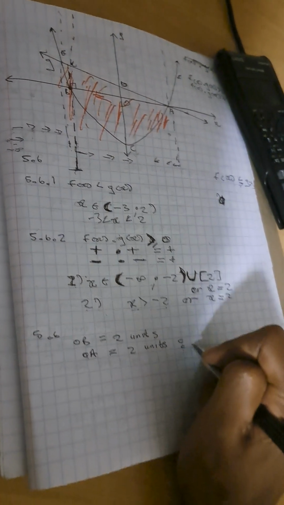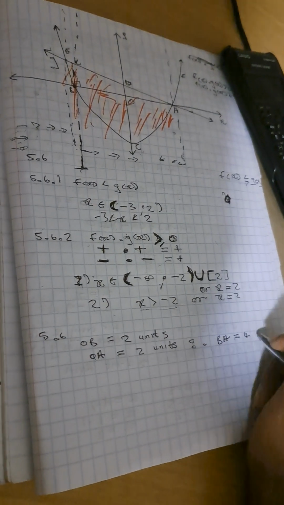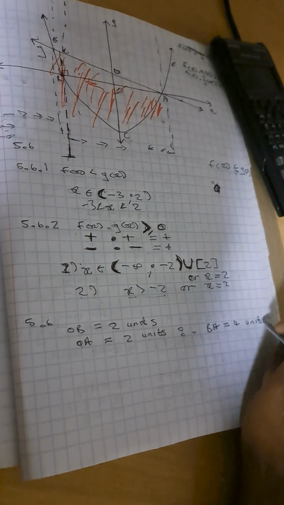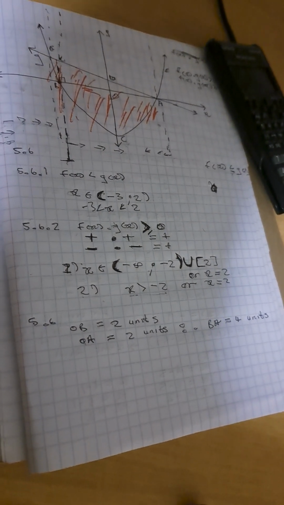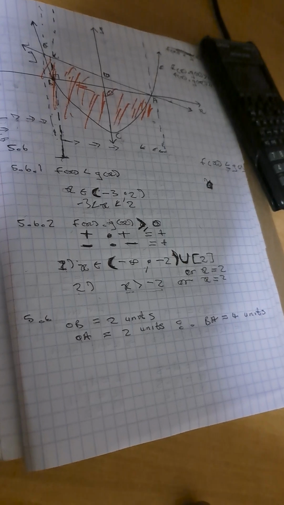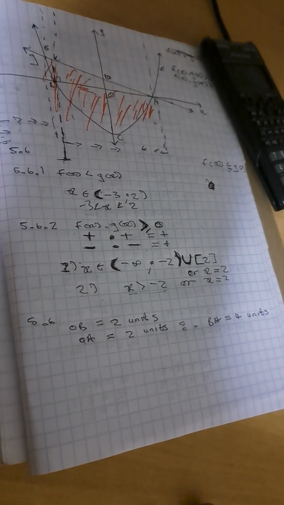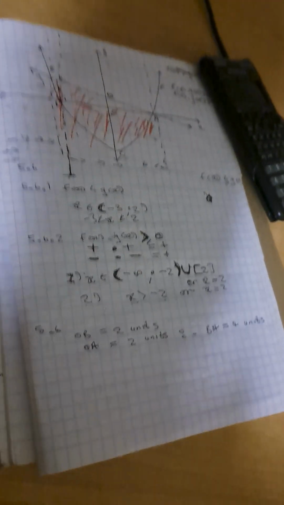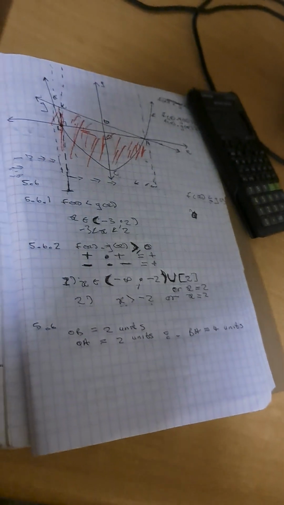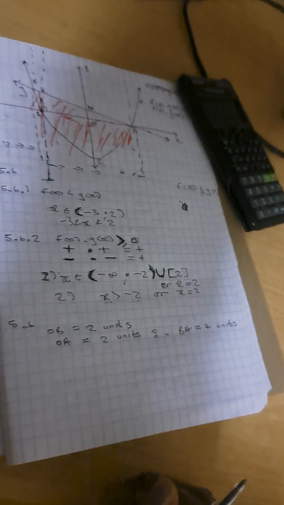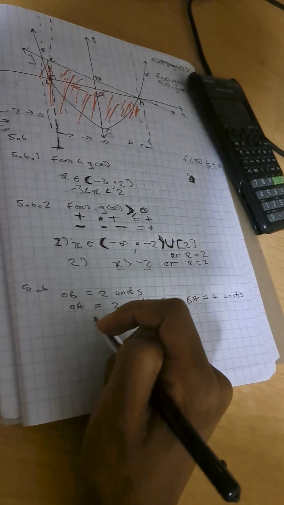Therefore, you can say BA is equal to 4 units. I'm still casting about in my mind for another way of doing this. I don't like the method I'm going to use, using the Pythagoras theorem. So BA is 4 units.